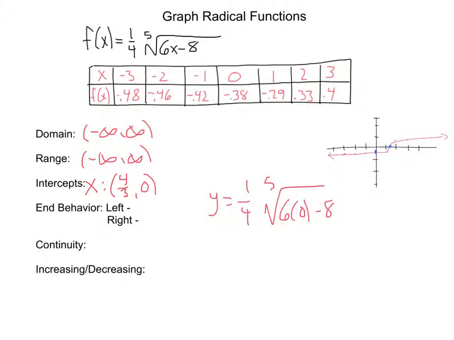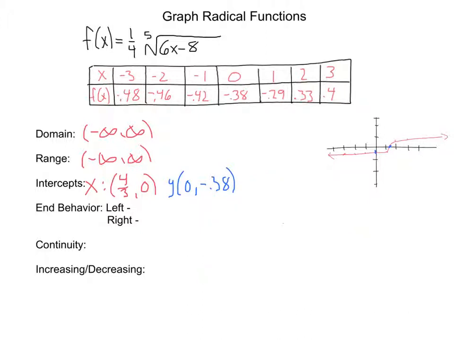That's going to simplify to y equals 1/4 fifth root of -8. I can plug that fifth root of -8 into my calculator, times that by 1/4, and my y-intercept is going to be 0, about -0.38.